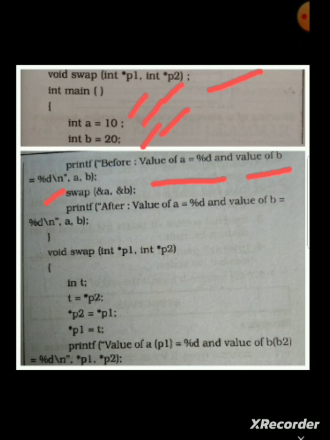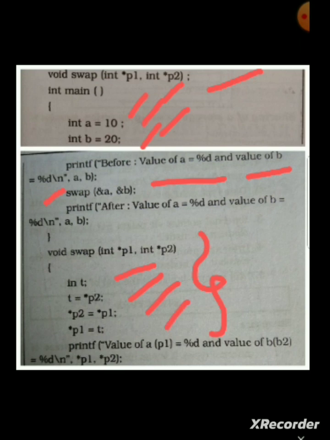Why have I written ampersand a and ampersand b? Because I'm using pointers, right? Hashtag value I'm using. That's why I'm using the swap function here. I want actual swap to happen here. And then it will go inside the swap function and I'm writing the same code.